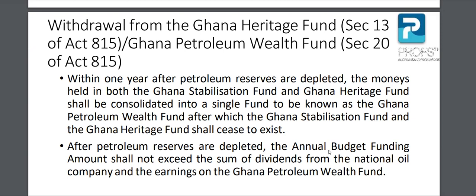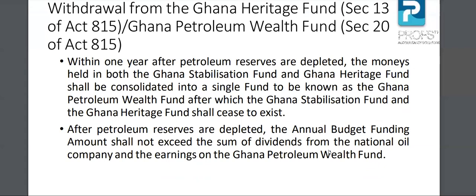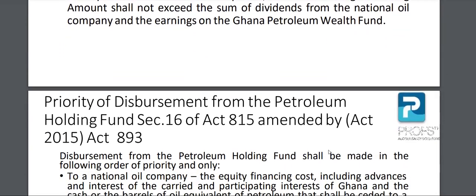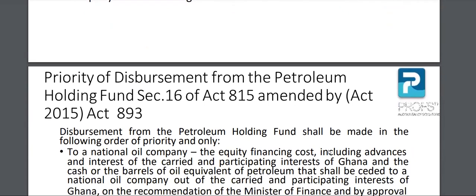All the various petroleum agreements, we need to be able to identify them, because not all the reserves will be depleted at the same time. As and when it gets depleted, we need to identify the Stabilization Fund and the Ghana Heritage Fund from those depleted reserves and consolidate them into the Ghana Petroleum Wealth Fund. So Mr. Nkrumah, basically, that is what the Ghana Petroleum Wealth Fund seeks to achieve.